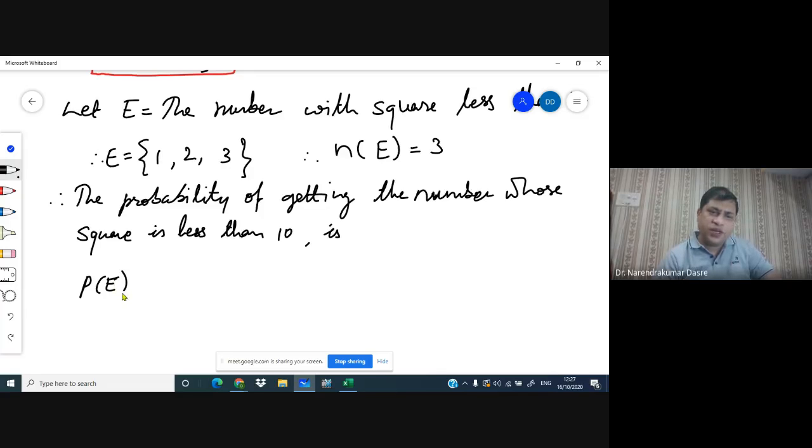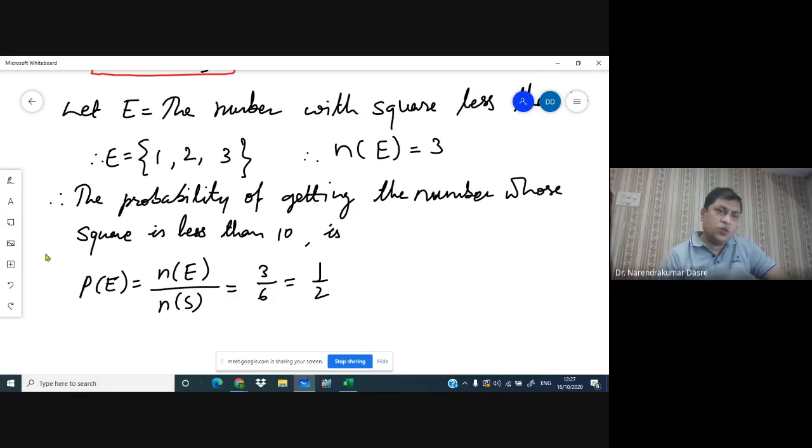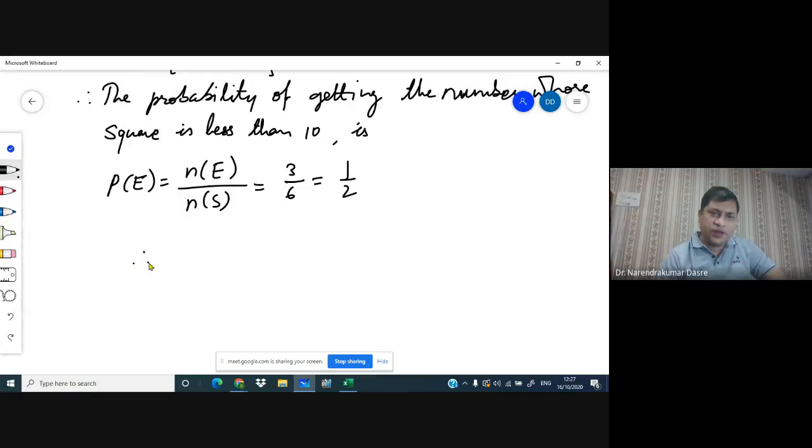Probability of E is equal to the number of sample points in E upon the total number of sample points. So it is 3 by 6, which is going to be half. And hence we have the probability of event E is half.